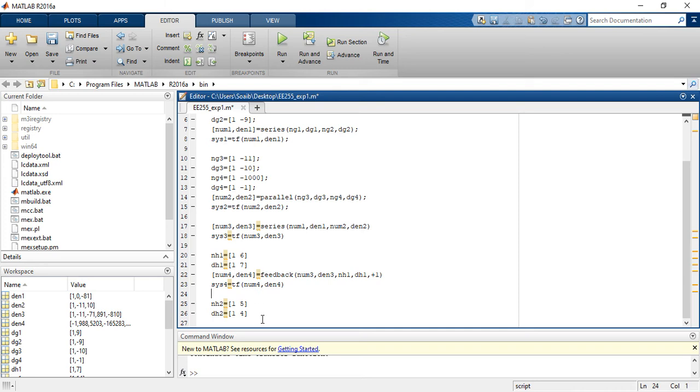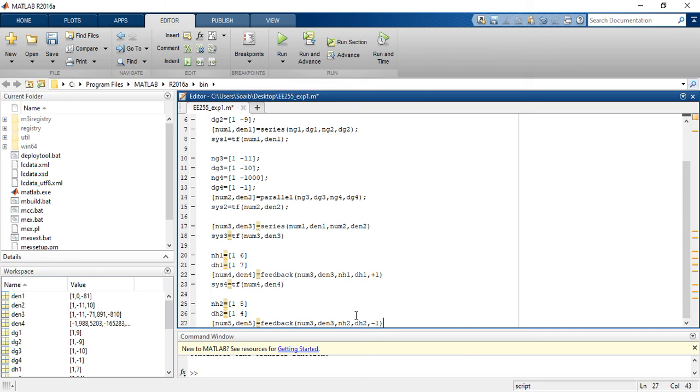Then again I will take one another variable. This variable's name is num5, den5, is equal to feedback of num3, den3, nh2, dh2, and I will write -1 for a negative feedback control system.